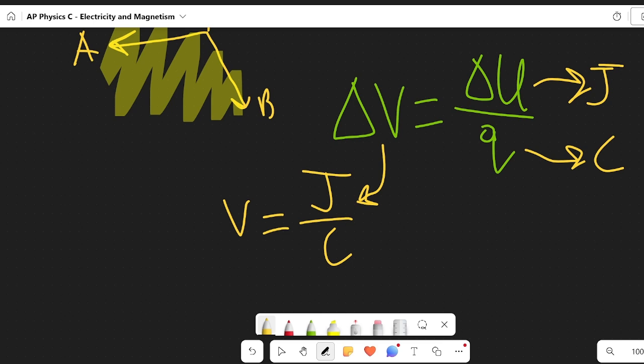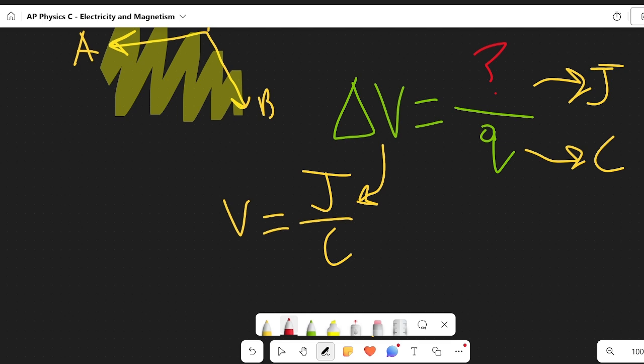And then delta U is energy, so it'll have units of joules. Charge will have units of coulombs. So let's say you forgot what goes on top. Let's say you did not know what was up here, right?